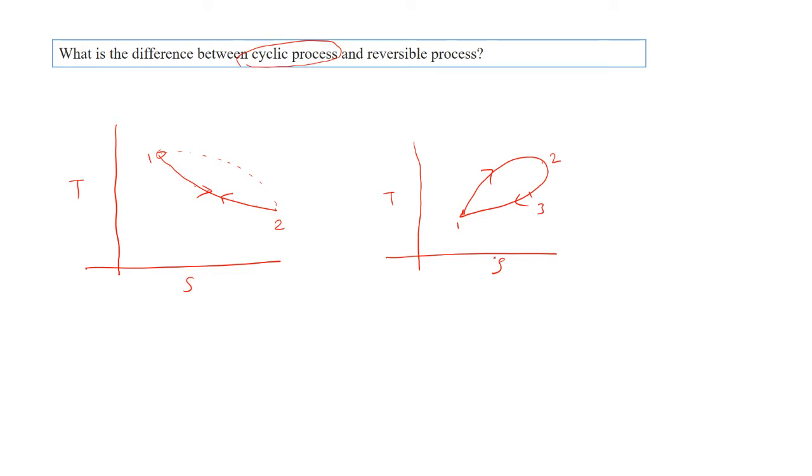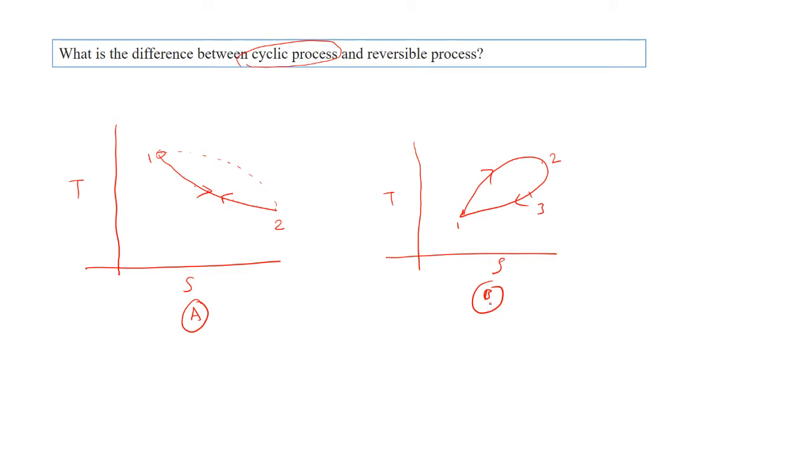So a cyclic process need not be reversible, as what we see in case A here and in case B here. In case A, we are executing a non-cyclic process. The system is brought from 1 to 2, that's all, and we are pretending that if we go back from 2 to 1, then we will trace the same intermediate states.